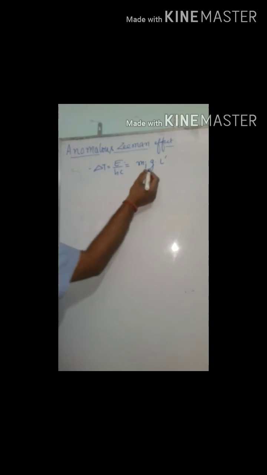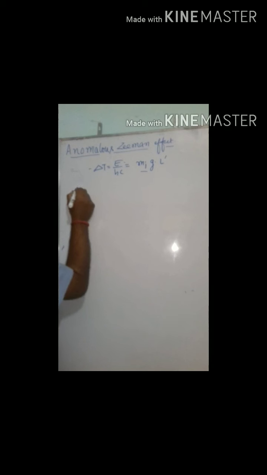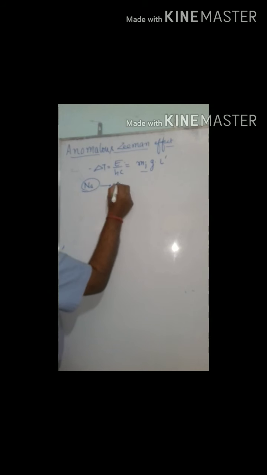Now this depends on mj. Suppose the transitions are taking place for sodium light. Sodium has two lines, the D1 line and the D2 line.